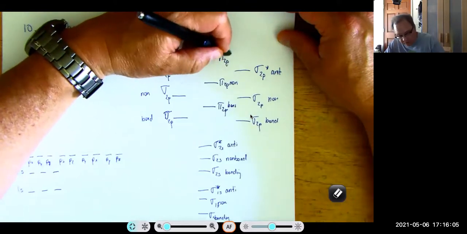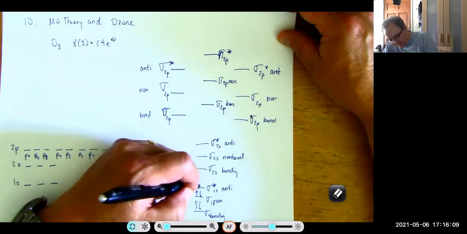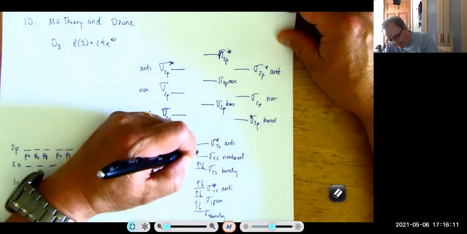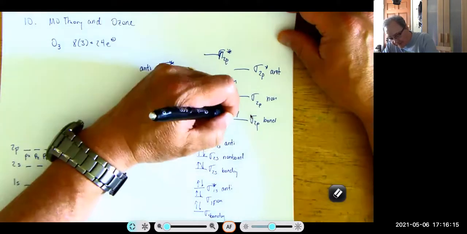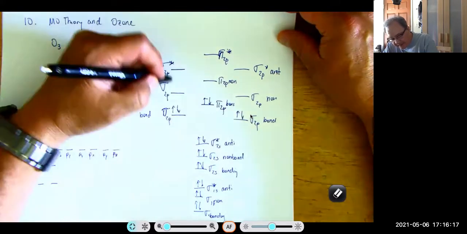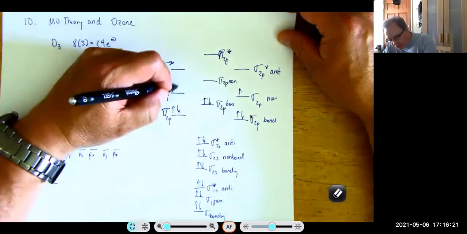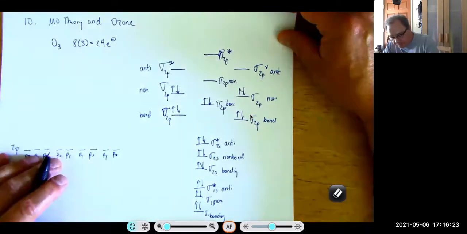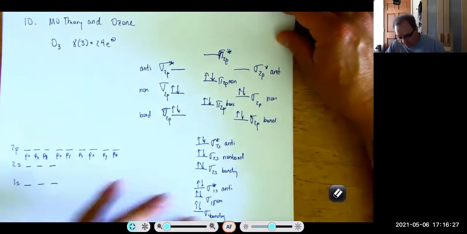So let's put our 24 electrons in here. 1, 2, 3, 4, 5, 6, 7, 8, 9, 10, 11, 12, 13, 14, 15, 16, 17, 18, 19, 20, 21, 22, 23, 24. So those are our 24 electrons.